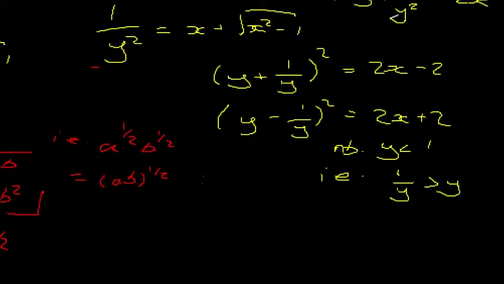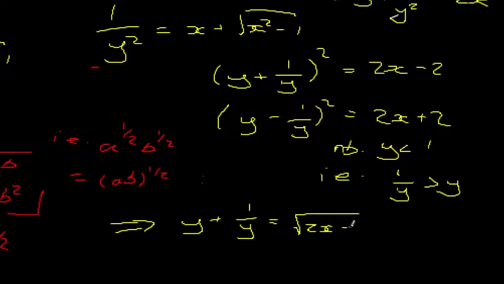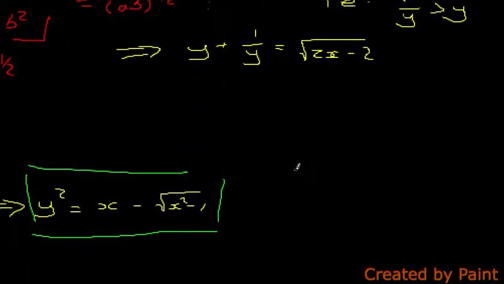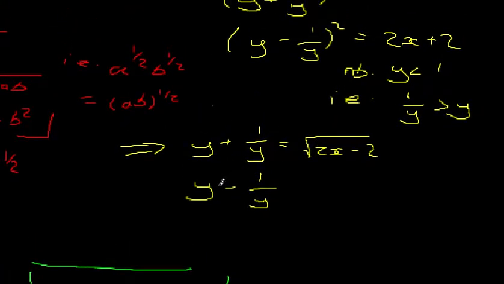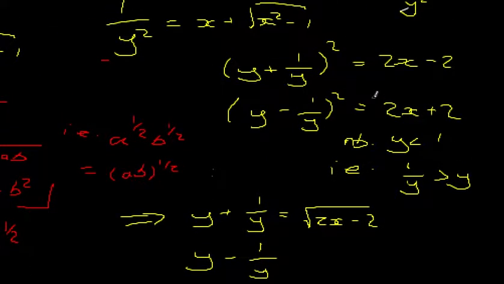So, normal size, yellow. So this implies, if we square root the first one, we're only interested in the positive root, and we have that y plus 1 over y is the square root of 2x minus 2, and that y minus 1 over y, but then we want positive on this side, because we're having the positive root.